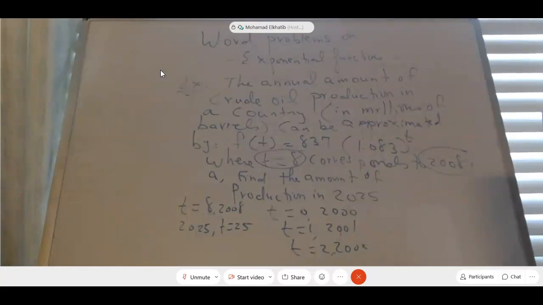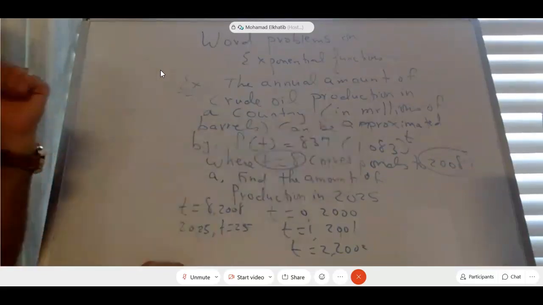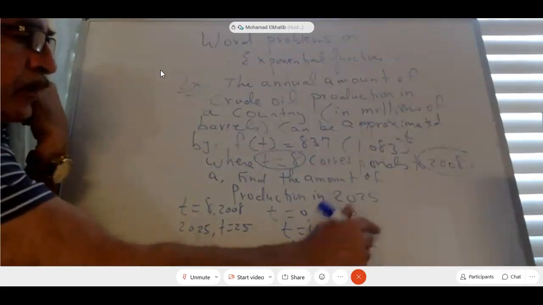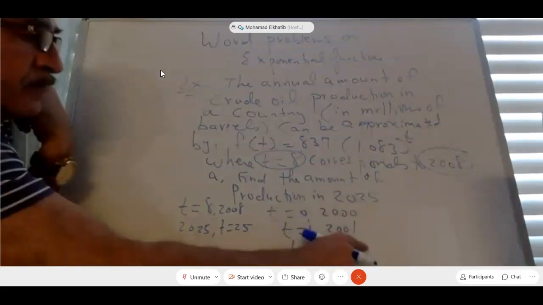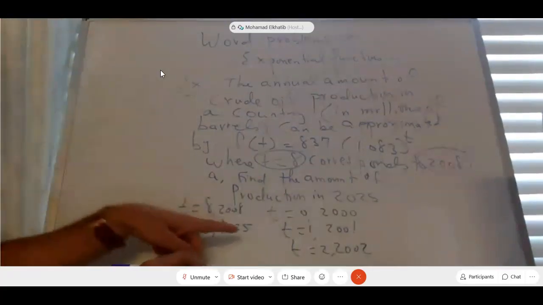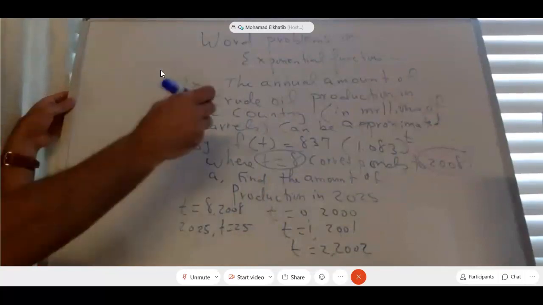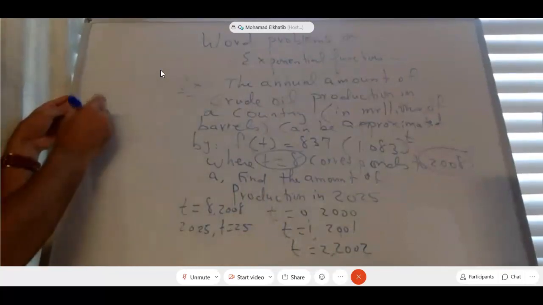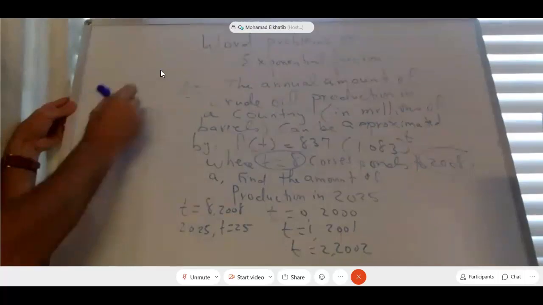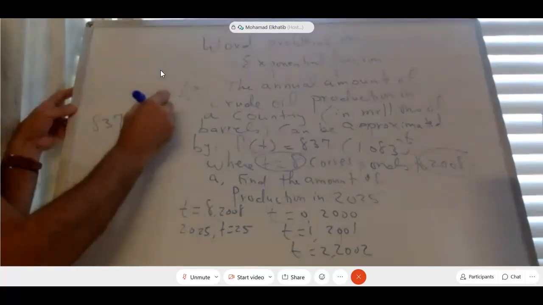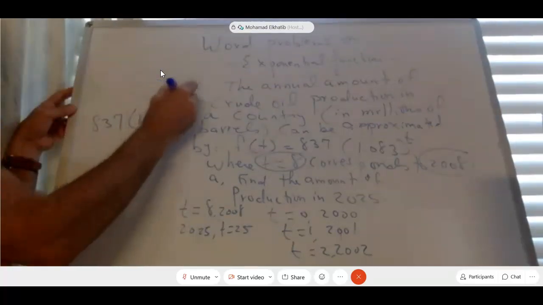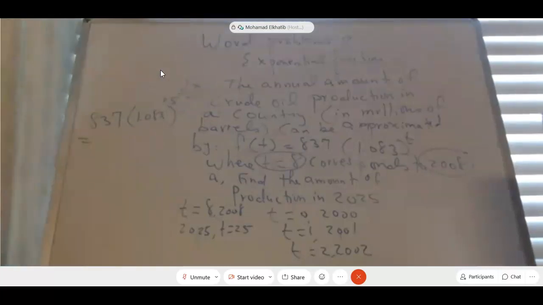So what I'm going to do here is, everywhere I see t, I'm going to replace it with 25. So I'm going to have 1.083 to the power 25. How am I going to do that on the calculator?